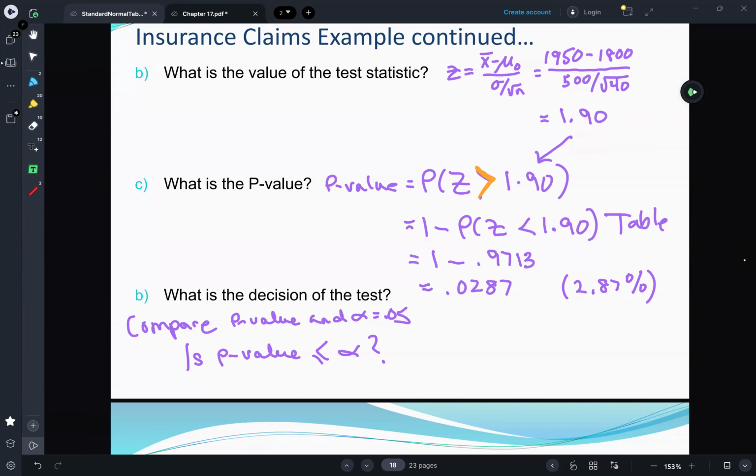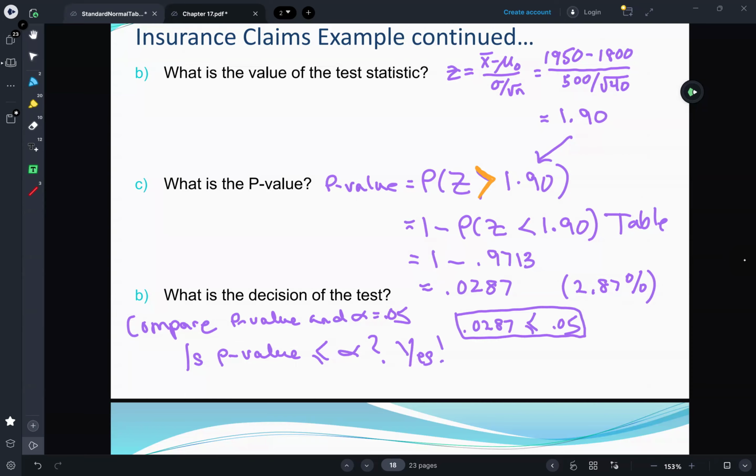Yeah, it's yes. So we say yes. So the p-value, 0.0287, is less than 0.05, right? That was our decision right there, right? Our p-value is 0.0287 and it's less than or equal to 0.05, our level of significance.